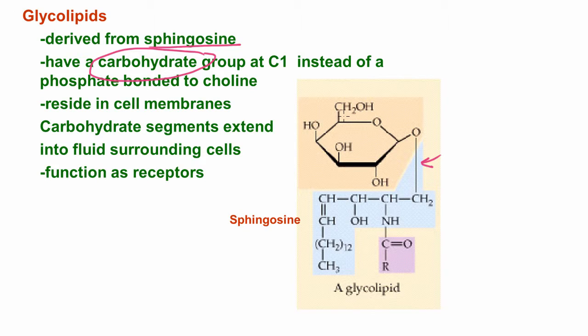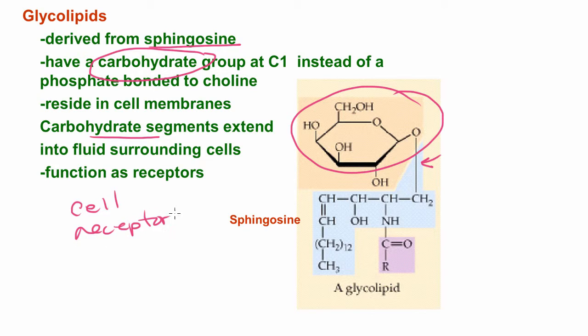These reside in the cell membranes, and we'll see a little bit later when we get to metabolism that these carbohydrate segments will extend into the fluid that surrounds the cell. So these function as cell receptors, and we'll talk about what those are a little bit later.